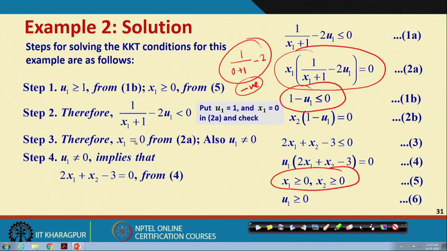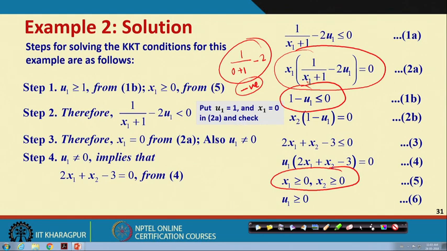Now any x1 value higher than 0, and any u1 value more than 1 will be even worse. So, as long as u1 is greater than or equal to 1 and x1 is greater than or equal to 0, this term will always be negative, because even at the lowest values it is negative.